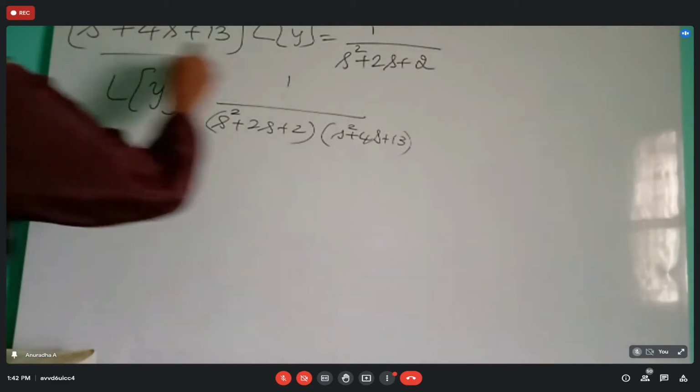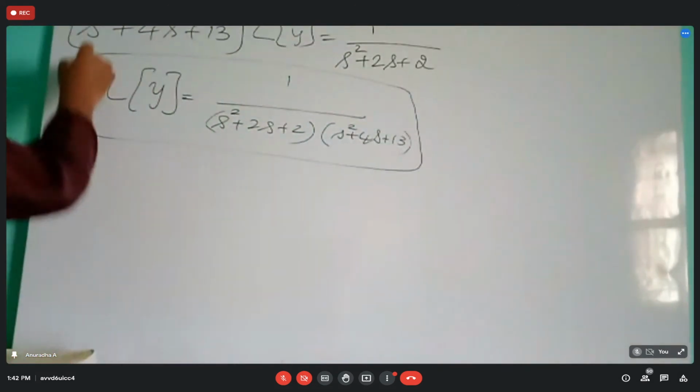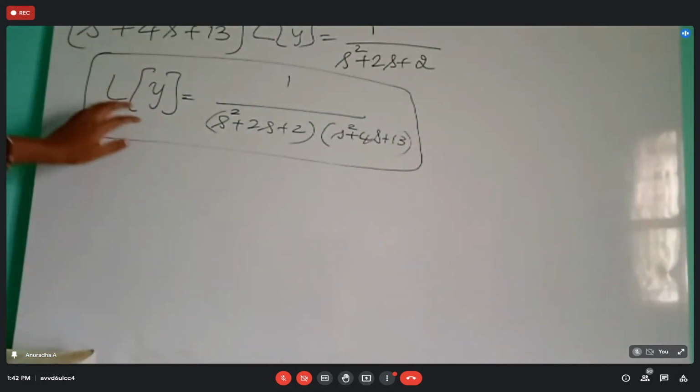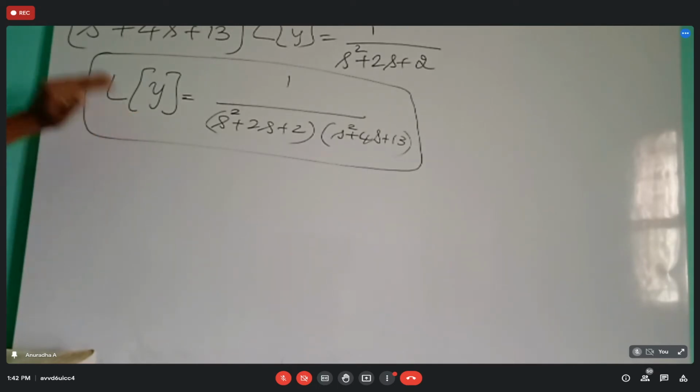But up to this part they may ask, what is L of y for the differential equation. For a 2 mark or 3 mark question they may ask that, so you have to learn till this. You just apply the derivative formulas, simplify, and find L of y.